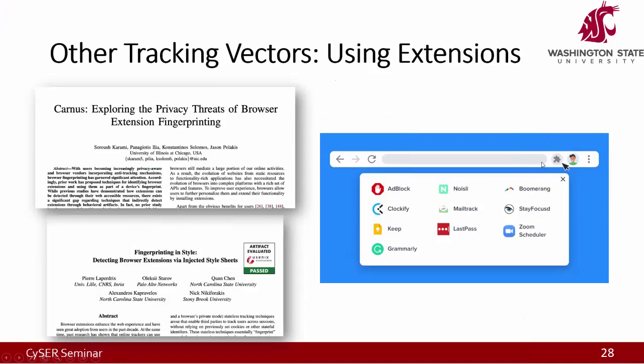For example, we can use browser extensions, because we probably have a very unique set of extensions installed in our browser that is different from others. So if we can learn what browser extensions this specific user actually installs in their browser, then we can use that to track the user.